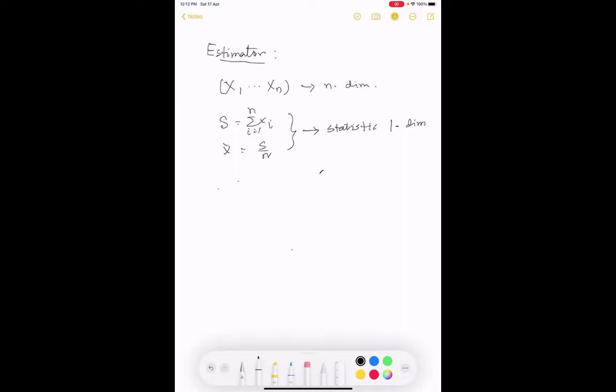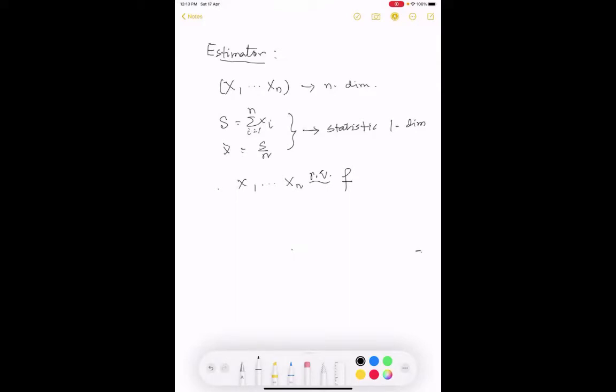Very good. So I'm assuming that when I say x1, x2, xn are random variables, there is an underlying probability distribution from which these data points are coming, from which these random variables are getting generated.